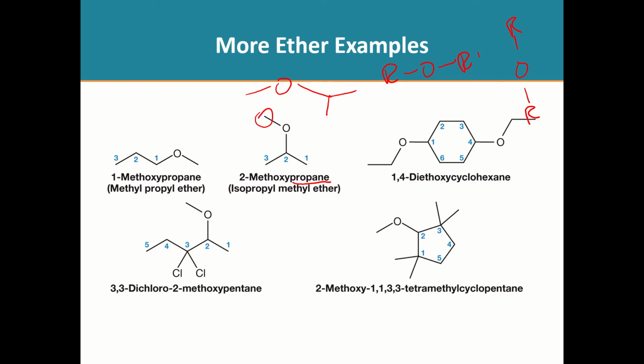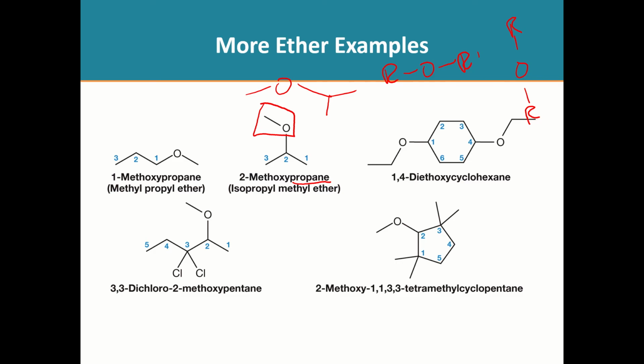And then we see that's a methyl group, so we call it a methoxy. But now we have to put numbers at the front to tell us where that methoxy group is attached, because the methoxy is actually that whole piece.